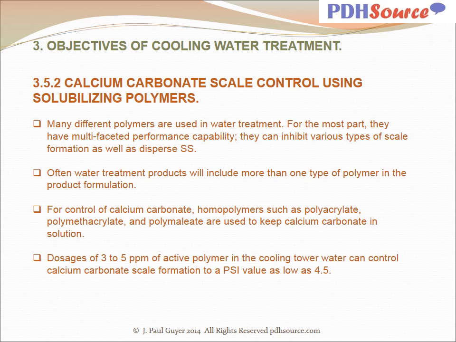For control of calcium carbonate, homopolymers such as polyacrylate, polymethacrylate, and polymaleate are used to keep calcium carbonate in solution. Dosages of 3 to 5 parts per million of active polymer in the cooling tower water can control calcium carbonate scale formation to a PSI value as low as 4.5.